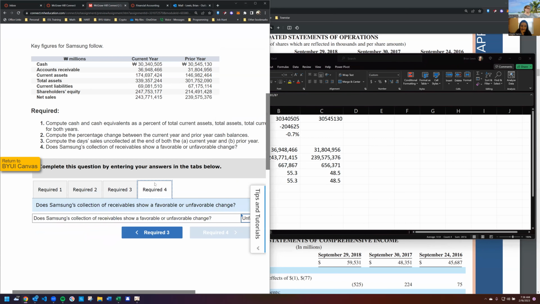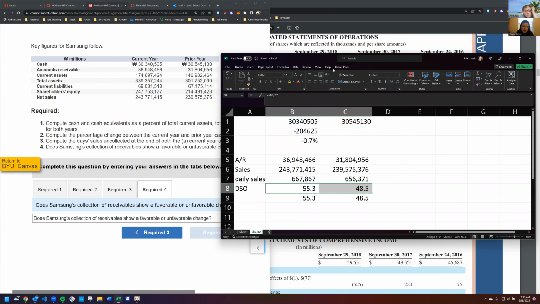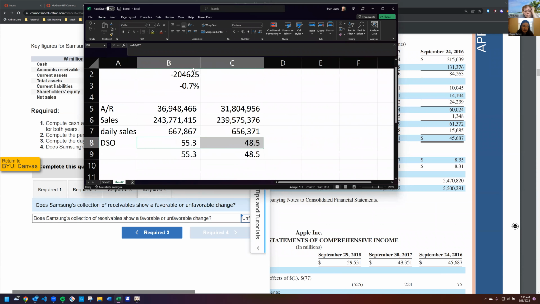And the last one, required 4, does Samsung's collection of receivables show a favorable or unfavorable change? What would you say? I can't see the number. Oh, sorry. Is it favorable or unfavorable? So the first question is, is it bigger or smaller?